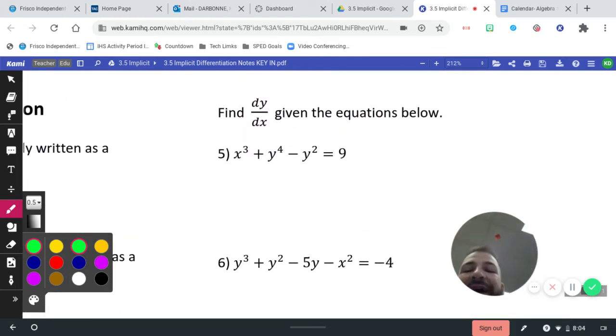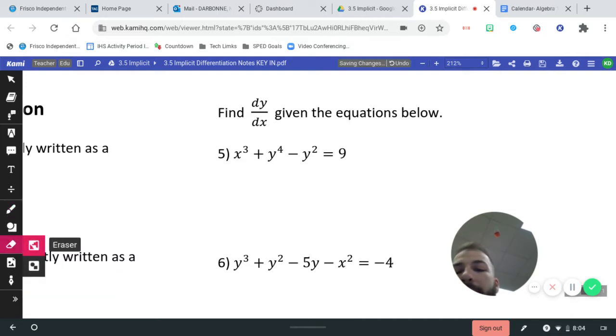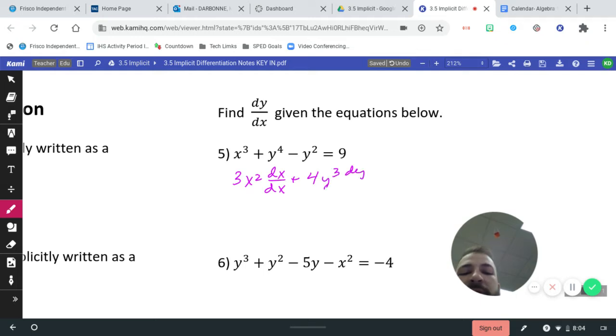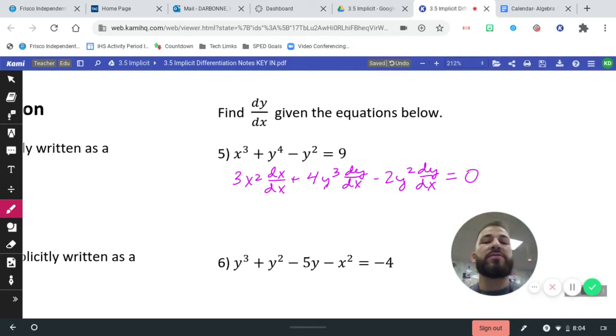So derivative of x cubed would be 3x squared, 3x squared dx/dx, plus 4y cubed dy/dx, because it's a y term, minus 2y squared dy/dx equals, and 9 is just a constant, it doesn't have x or y, so it just becomes 0.